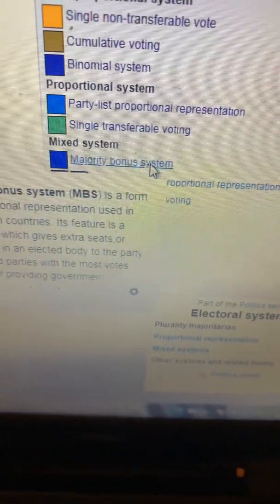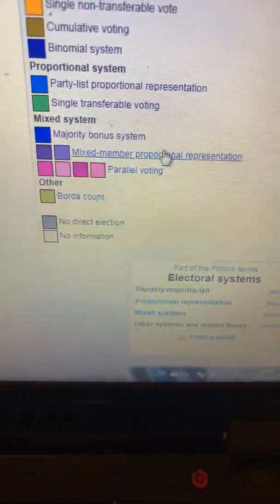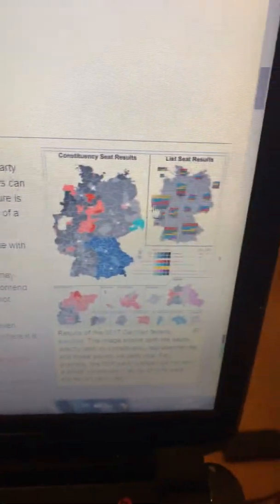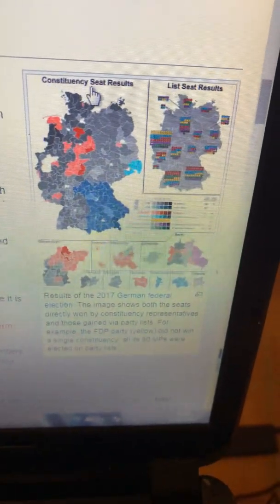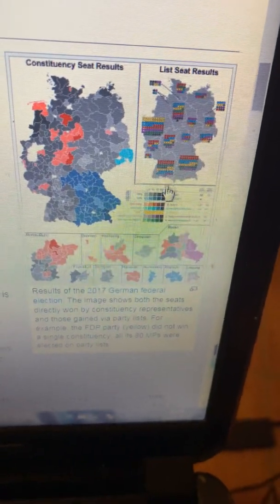Majority bonus systems. So mixed member. They especially take Germany as an example: the constituency seat results and the list seat results.